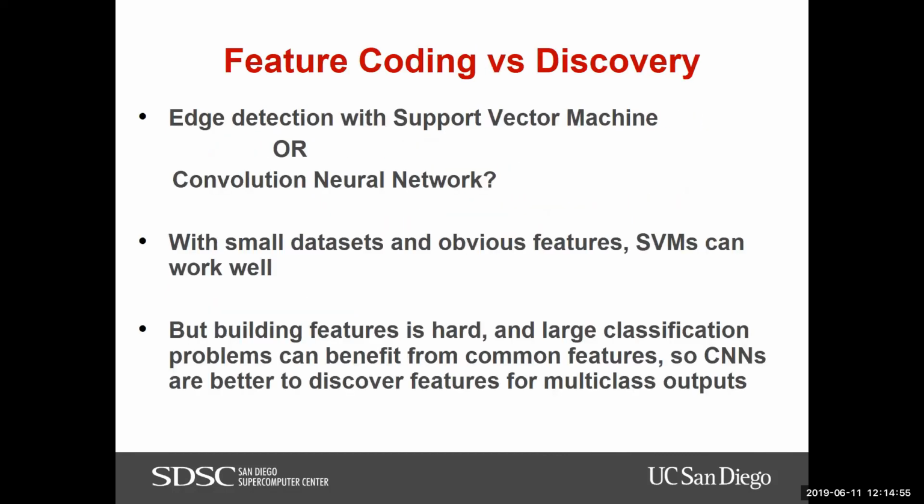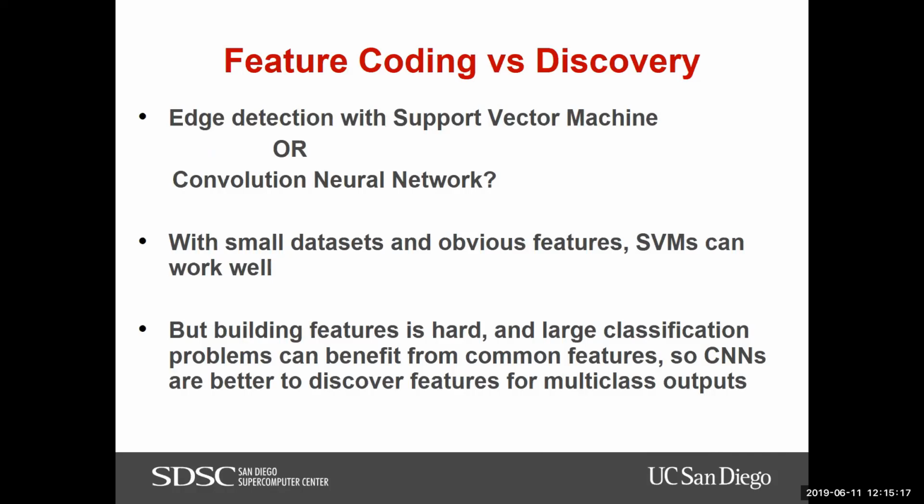The other important idea is that we're doing feature coding. When we're doing things like support vector machines on, let's say, a pre-identified edge detector, that's like we're doing our own feature coding. But the convolution network is doing feature discovery. That's a term that sometimes people use.